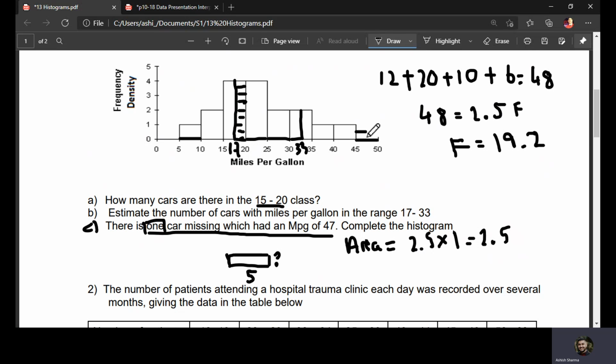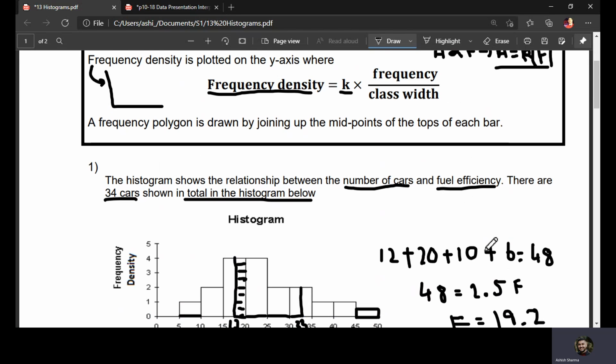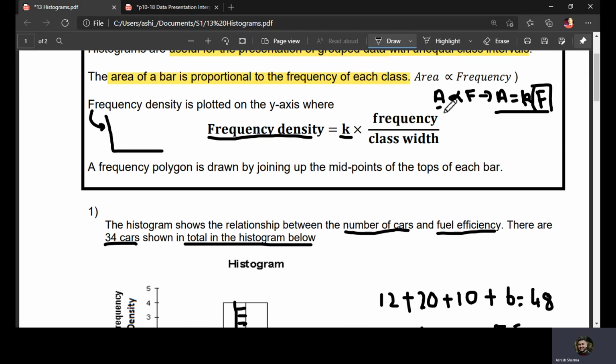So this bar is going to be half up from the x-axis, because 5 times a half will give you an area of 2.5, which will represent the one car. Okay, so that's question 1, and it wasn't extremely tricky, but again, we're just using the concepts here.